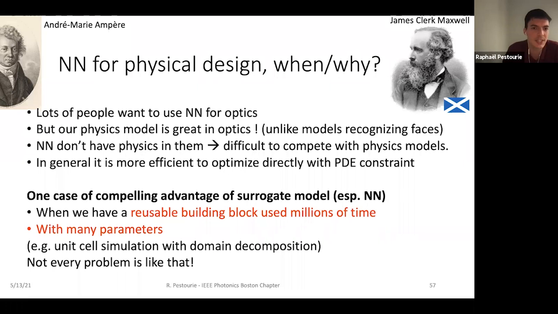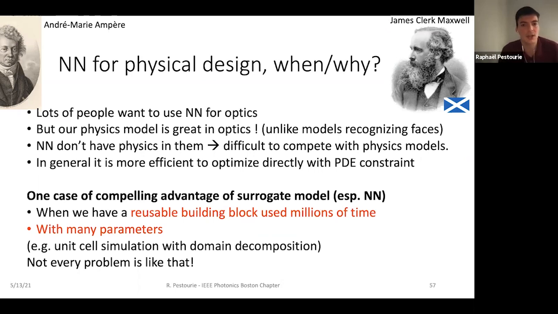But in optics, our physics model is great. It's not like we're trying to recognize faces, where there's no real good model. Maxwell's equations are really good at describing how light behaves. Since neural networks don't have physics in them, it's difficult to compete with those physics models, and in general it's more efficient to optimize directly with Maxwell's equations as a PDE constraint.